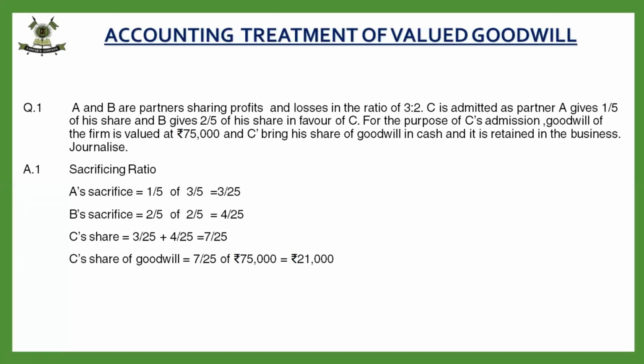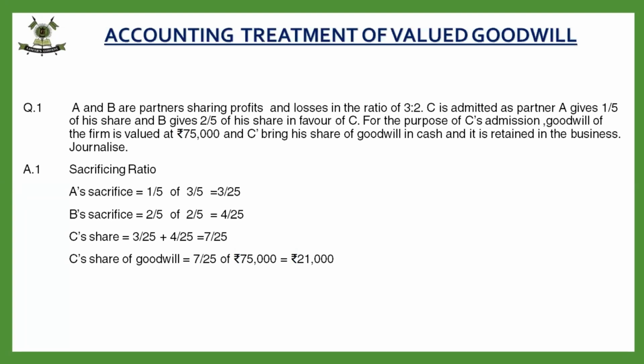He's getting the right to share the profits because of the sacrifice made by the old partners. That is why this premium for goodwill is distributed amongst the old partners in the ratio in which they are sacrificing their share in favor of the new partner.